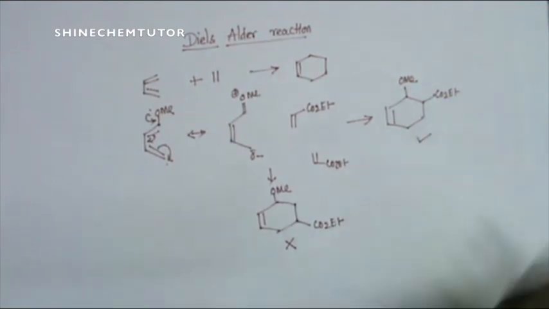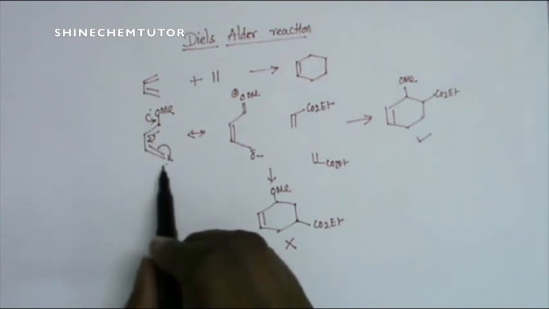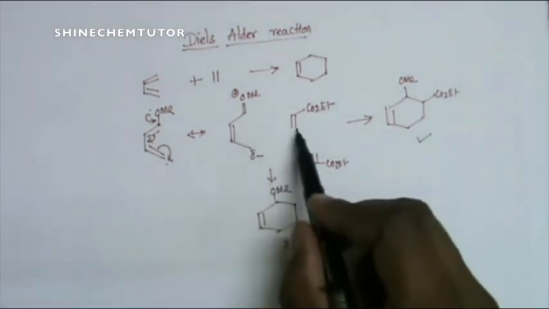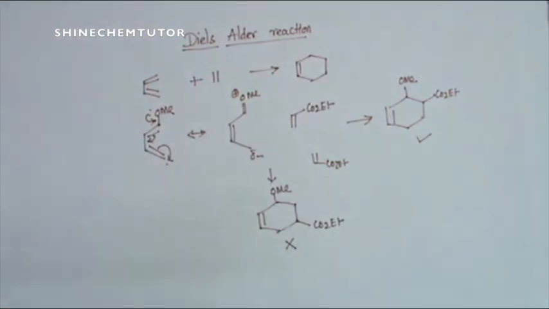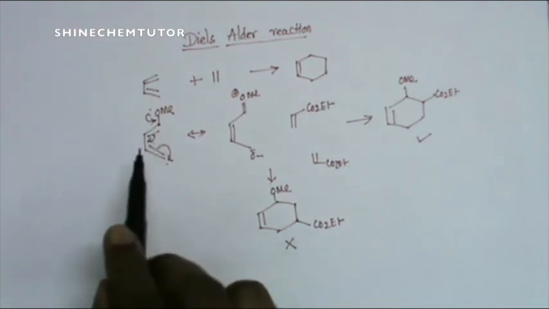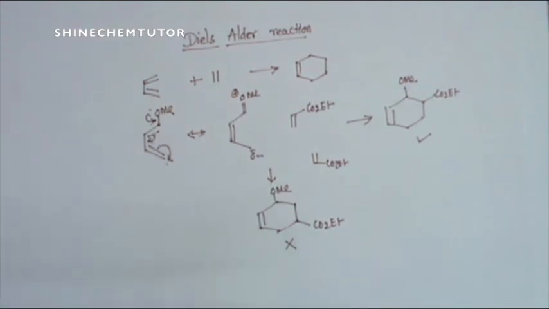Only this product will be formed. The reason: we have more δ- on this carbon, that is added to the carbon which has more δ+. Generally, the selectivity has to be explained based on orbital coefficient. But it involves quantum chemistry and it will be very difficult to understand. So that's why we go for the concept of electron richness.